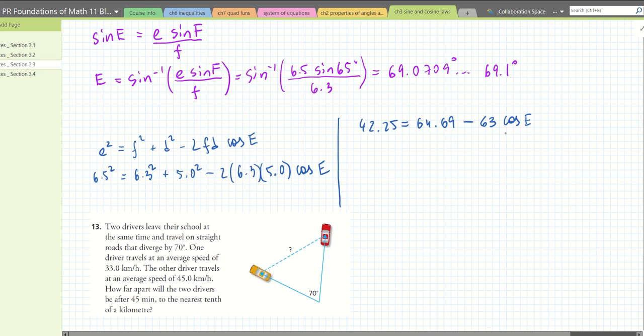So the next step is to get the cosine E by itself. So now we have to move the 64.69 to the left.